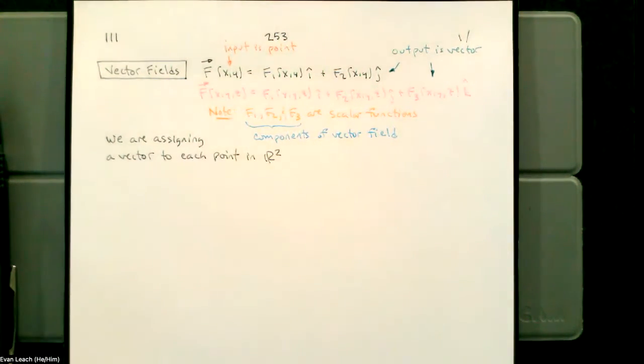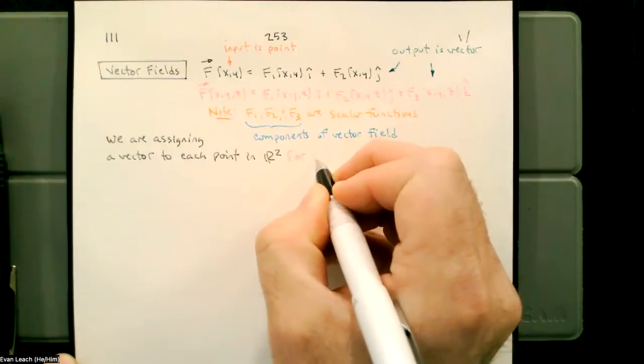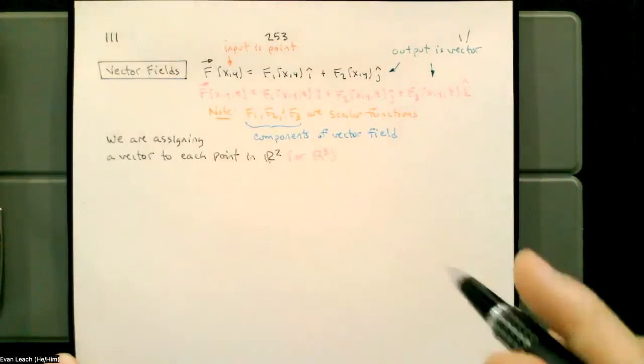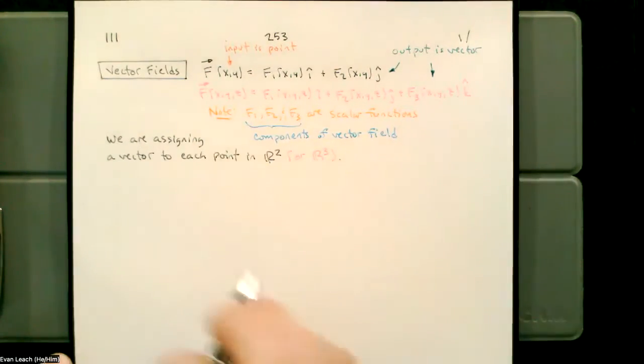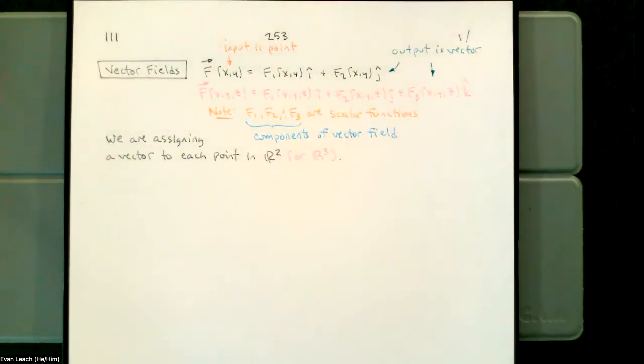We are assigning a vector to each point in R2 or R3. That's our input-output game here. For those of you following along in the book and think this hasn't come up yet, this is in 17.3.